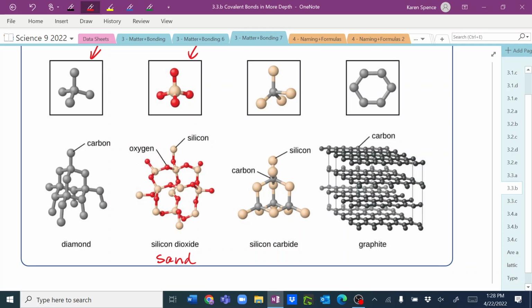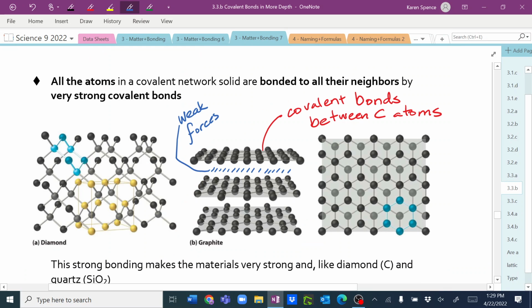And then in between the layers, we have weak forces that hold the layers together.